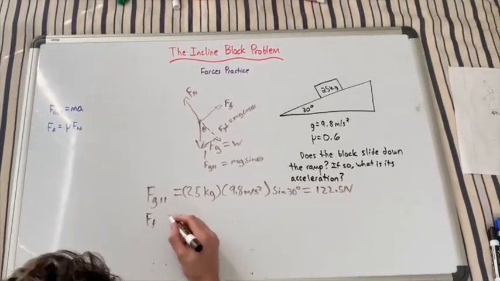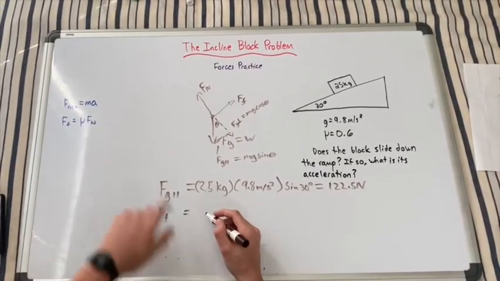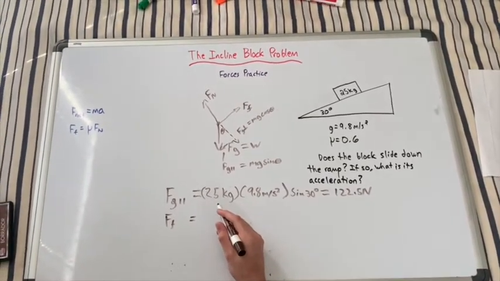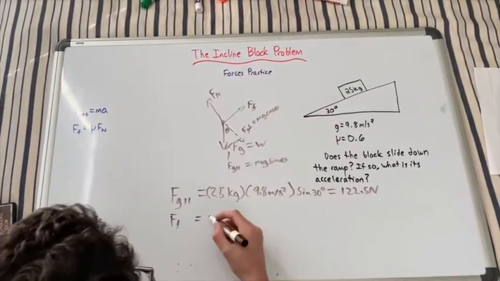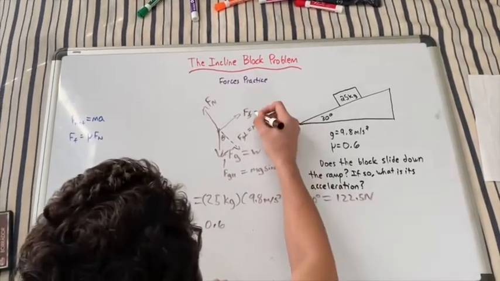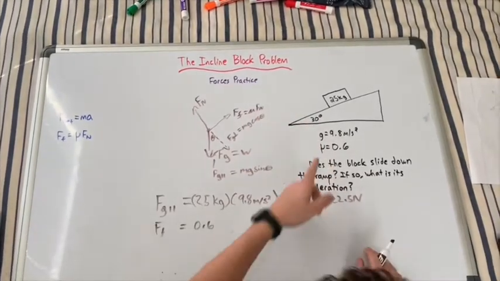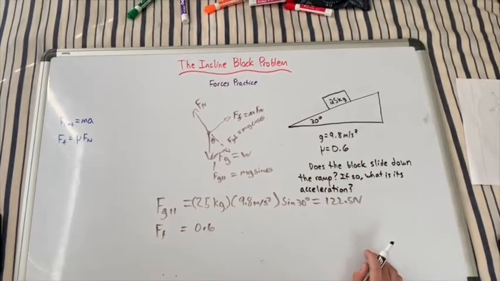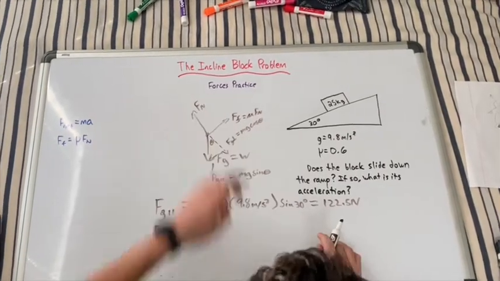Now let's consider the force of friction. We're just going to use this simple formula over here, which is mu times the normal force. So let's see, we have our mu, which is 0.6. Here, let me write this. Use force normal. All right, so we have our mu value, and now we have to determine the normal force.